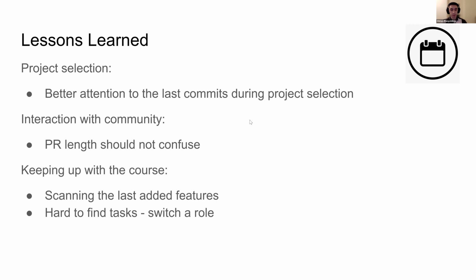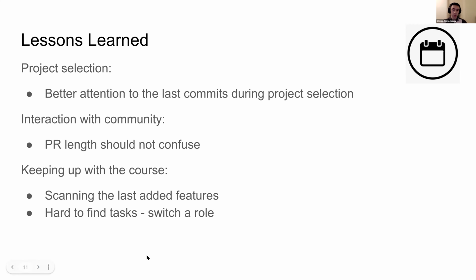So if the student takes this, it would be hard to succeed as a developer in this course. Regarding interaction with the community, my lesson learned was that the pull request length should not confuse other developers. If the changes on the pull request were minimal, the pull request should be very short.